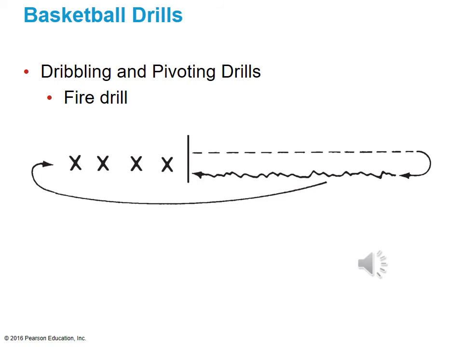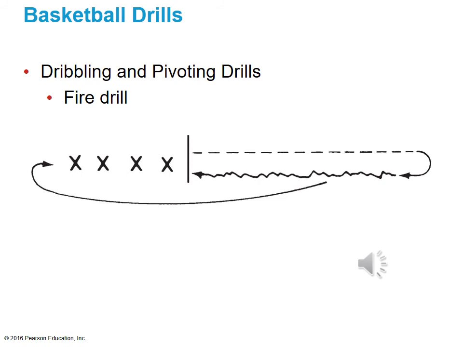Here's dribbling and pivoting drills. Remember I told you pivoting can be a challenging skill to learn. This is supposed to say file and not fire. But anyway, it's a file drill where you have 1 basketball, 4 students waiting in line. The first student dribbles around the cone and then comes back, and then if you want them to pass it to the next one, they pivot here and then they pass it to the next person.